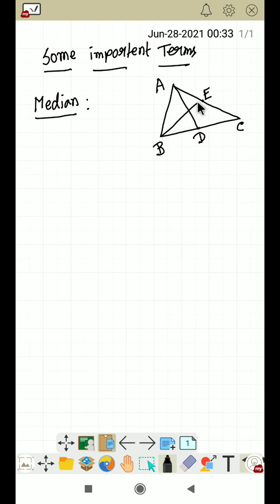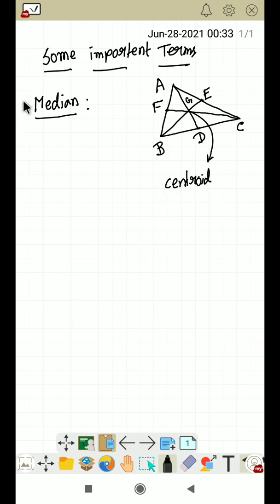So this is the median of the triangle. So you know that in a triangle there are three medians. The joining point of these three medians, suppose denoted by G, this G is called the centroid of the triangle. Clear?